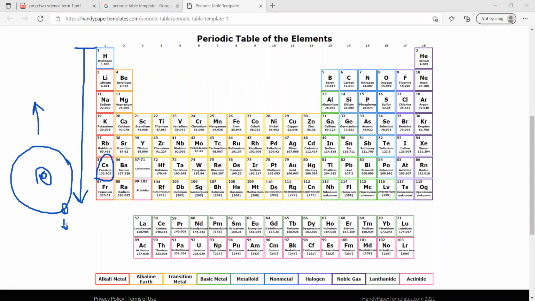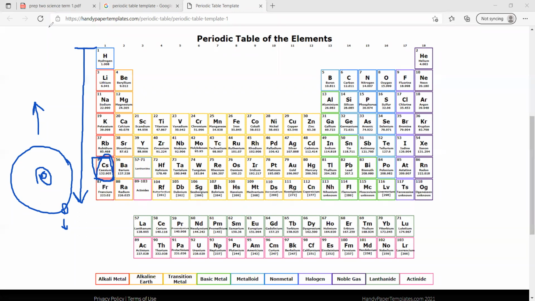Because the atomic number increases, the atomic size increases, so the ability to lose the outermost electron increases. That's why the strongest metal is cesium. It is in group 1A and at the bottom.